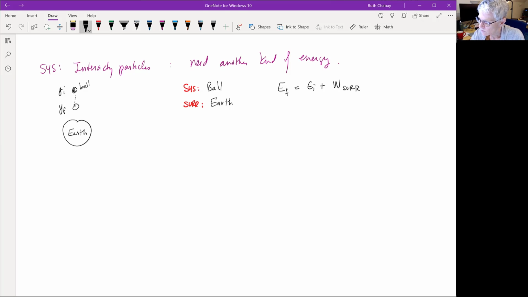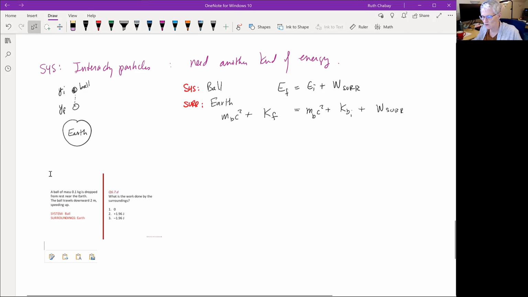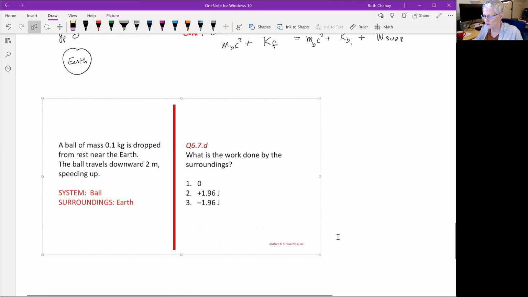And so we will write this out. The mass of the ball c squared plus K ball initial plus work by the surroundings is equal to the mass of the ball c squared plus K final. When we analyze this, we can get the change in kinetic energy of the ball from the work done on it by the Earth.